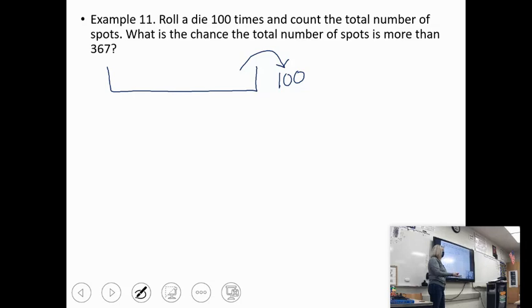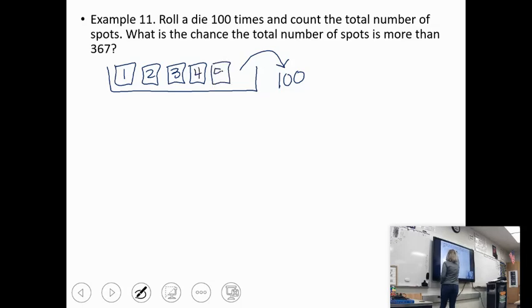And what are we counting? We are counting the dots. So we do want to know what's on each face of the die, right? So then we would just go 1 through 6, like we have done this example before. Does that make sense? Because if you're going to roll and just count the number of spots on the die, then you want each ticket to show how many spots there are.